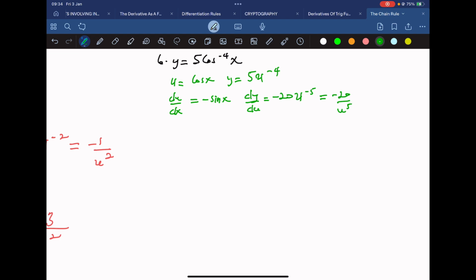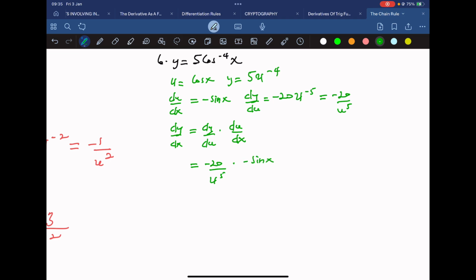So we know that dy/dx is equal to dy/du multiplying du/dx. In this case, our dy/du is -20 times e to the 5, and the du/dx is negative sine of x.